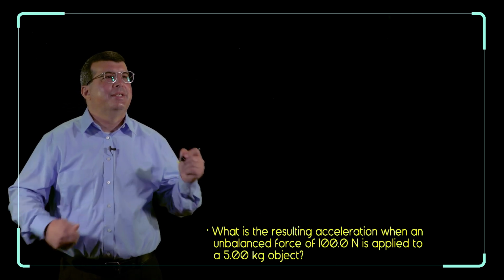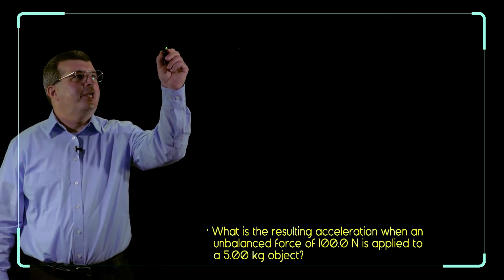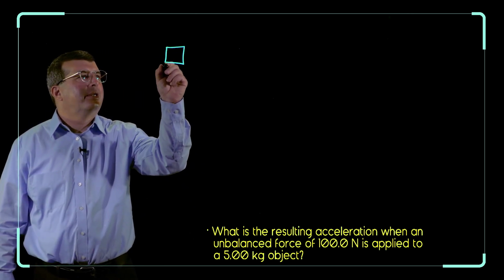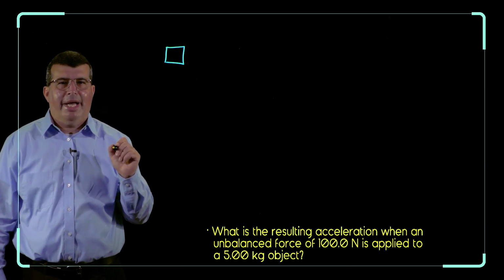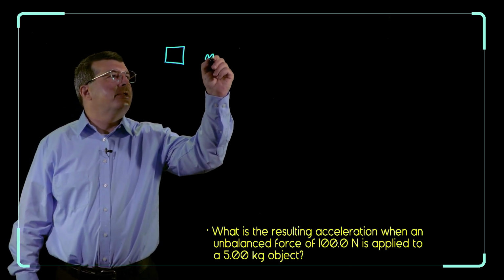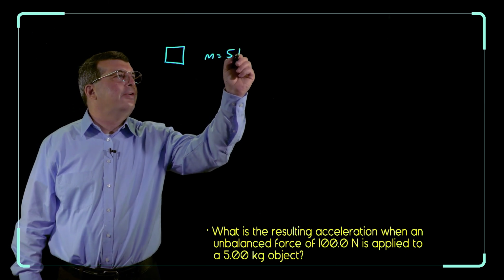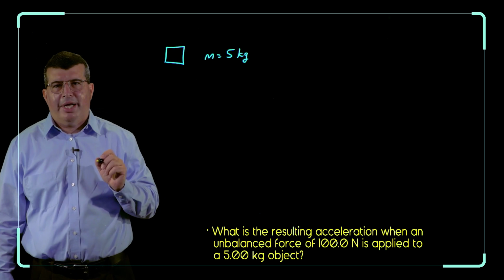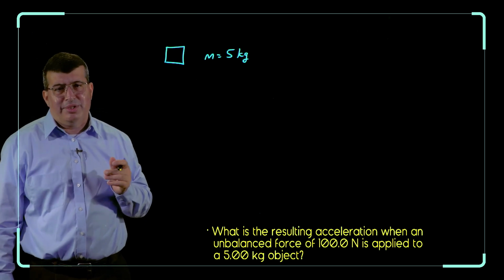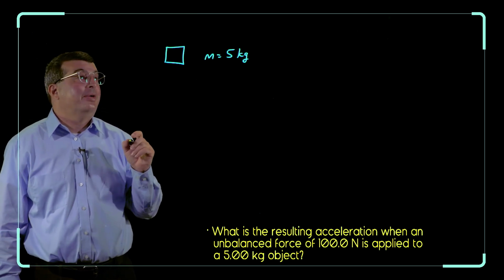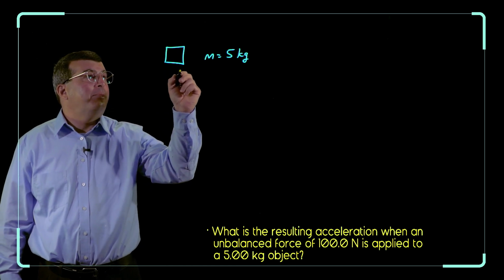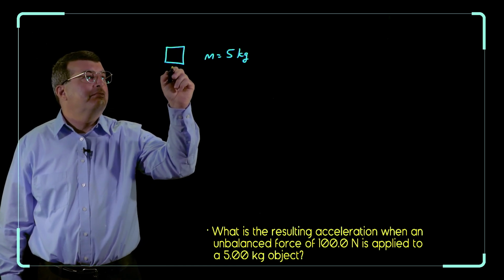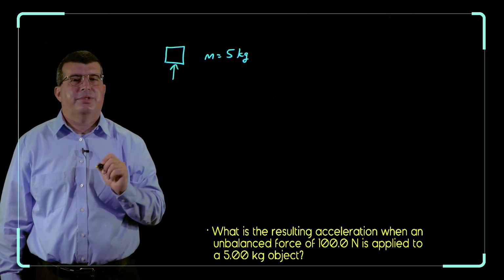Okay, here I'll draw my object, and the mass of the object, mass, is equal to 5 kilograms, and we have an unbalanced force. I didn't say which direction it was in, so it doesn't really matter. So I will draw my unbalanced force in that direction.